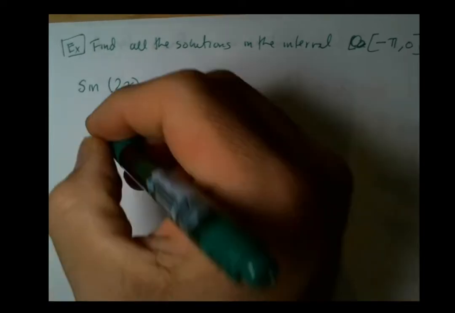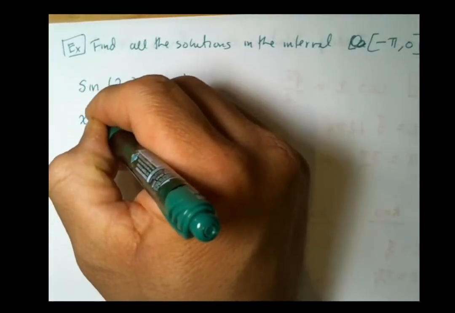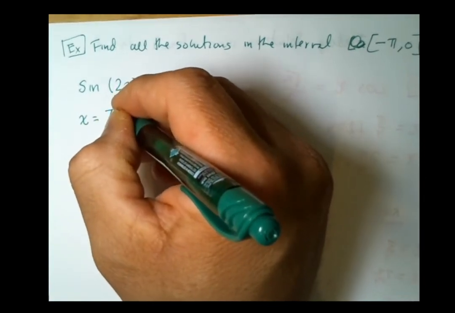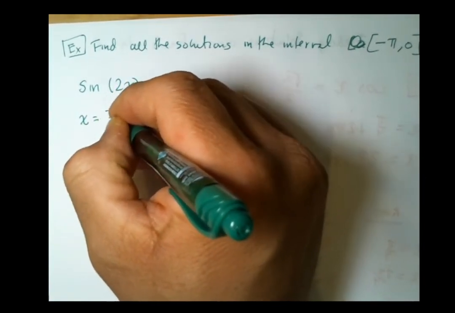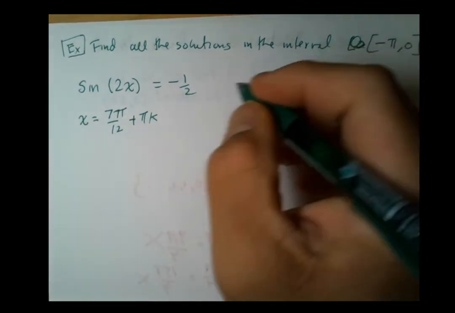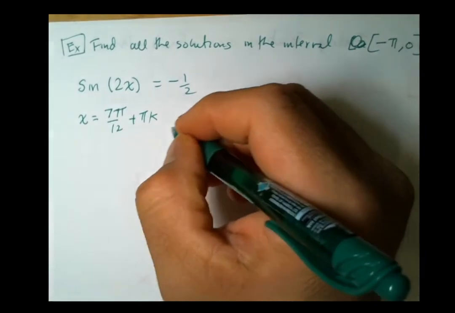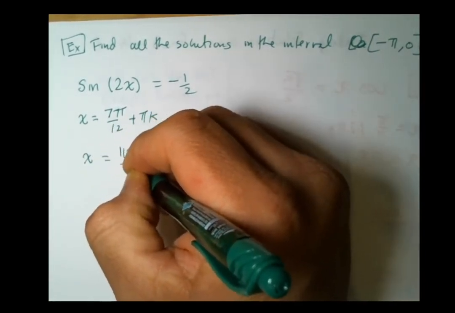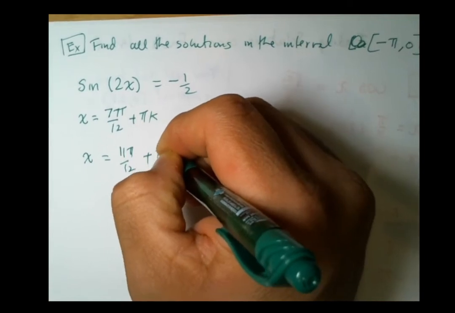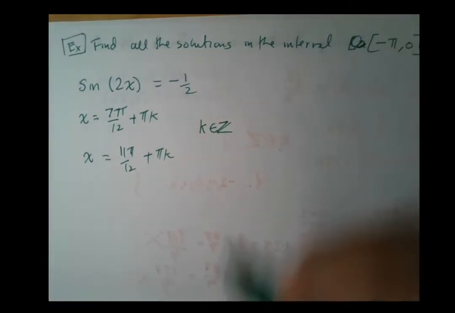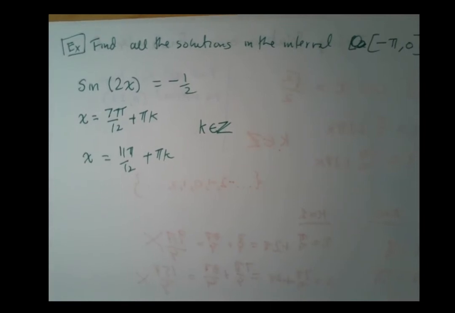Previously we found that x equals 7 pi over 12 plus pi k, and x equals 11 pi over 12 plus pi k, where k is an element of Z. K is some integer.